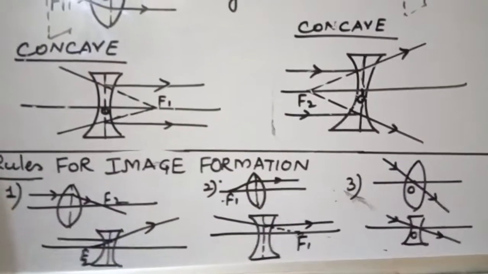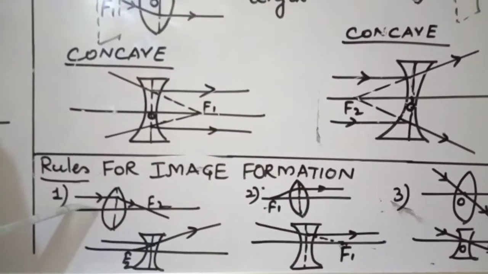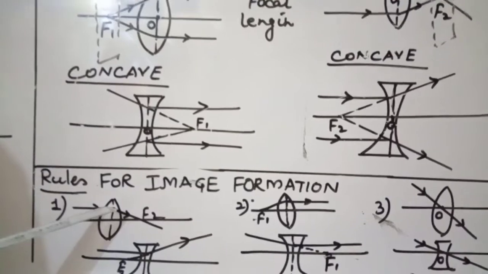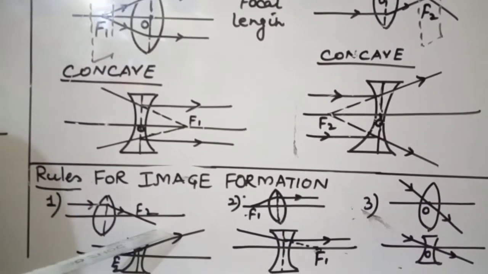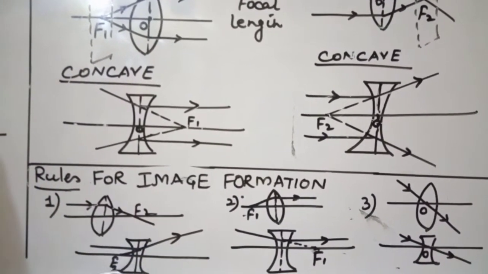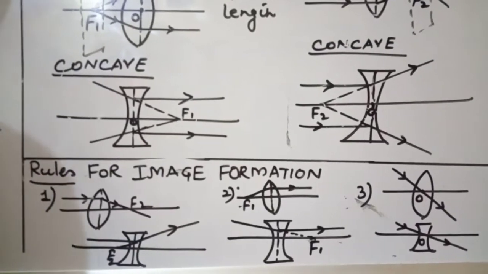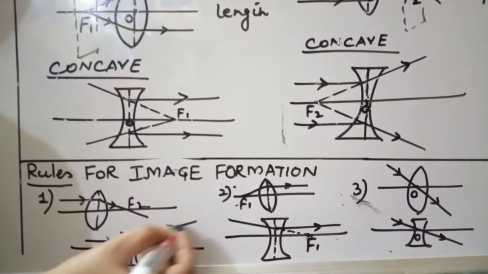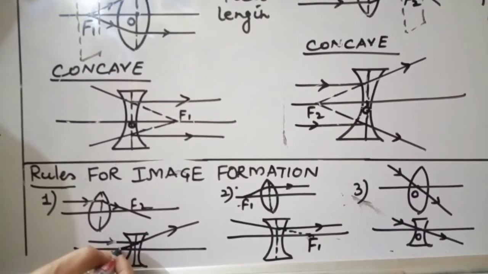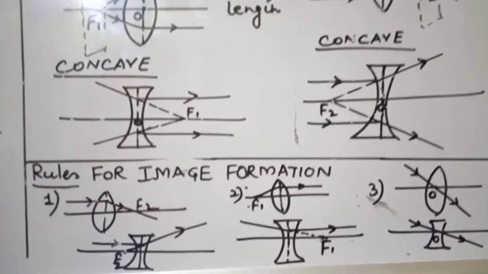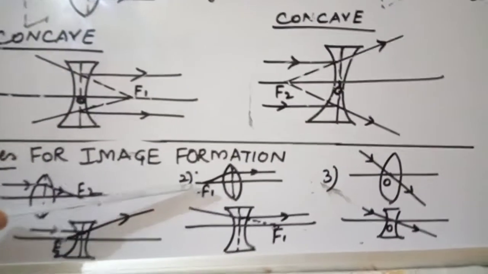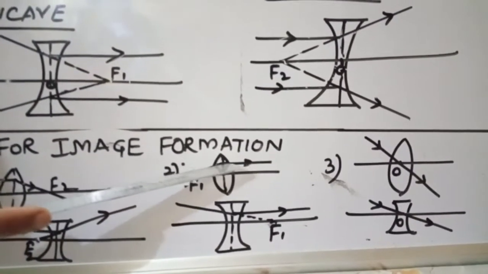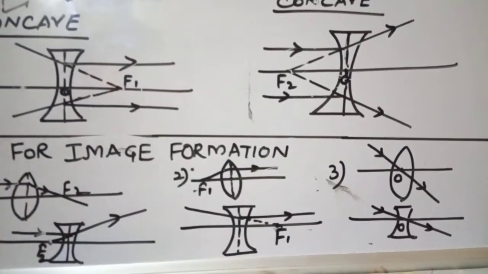So first rule, when any ray comes parallel to principal axis, after refraction it passes through the focus, maybe convex, maybe concave. In case of concave also, when any ray is parallel to principal axis, after refraction it goes upward and appears to meet at second focus. Second rule, when any ray comes from focus, after refraction it is parallel to principal axis.